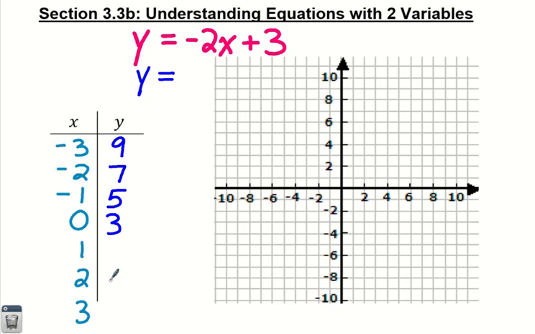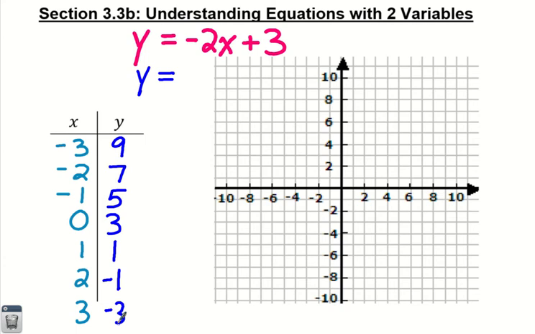Just finishing off this table quick, if you plug in 1, you end up with 1. Funny enough, just a coincidence. And then if you plug in 2 for x, then y would equal -1. And if you were to plug in 3, you would end up with -3. All right?